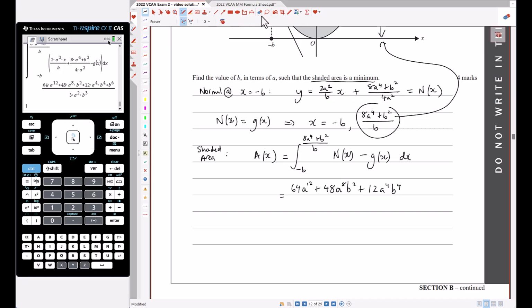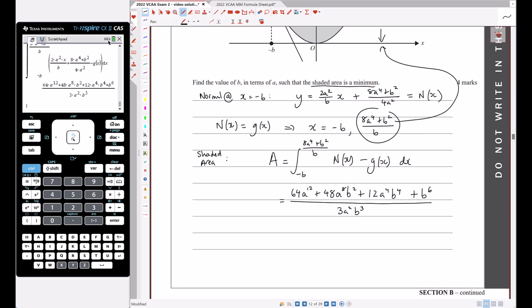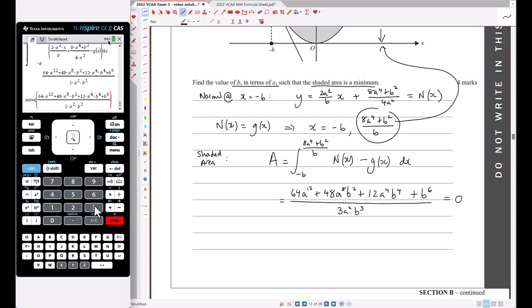Actually, I've just realised that this shaded area is not a of x, it's a of a and b, so let's just call it a. Sorry, let me finish copying that. So plus b to the power of 6 all over 3a squared b cubed. Okay, so I want the shaded area to be a minimum, so I want to solve that equal to 0. And I want to find the value of b in terms of a, so I want to solve it for b. So I'm going to solve this equal to 0 for b.